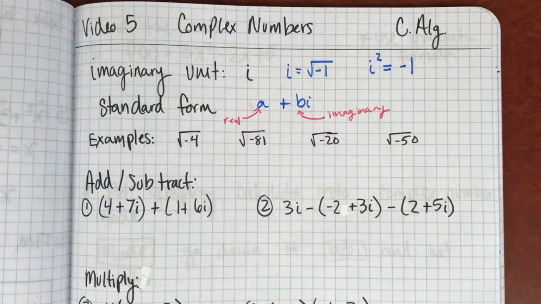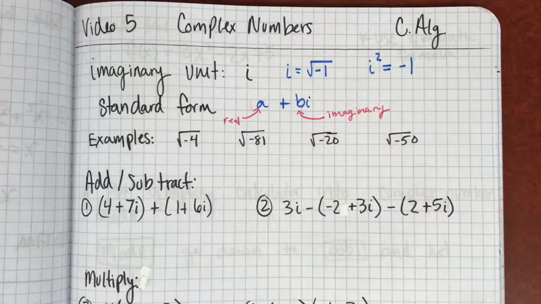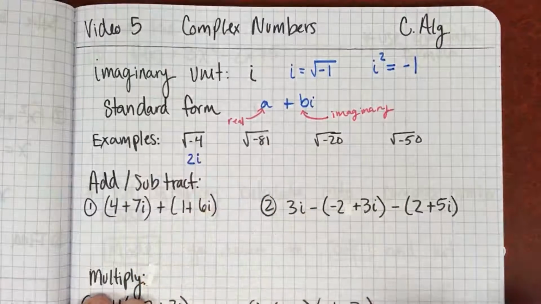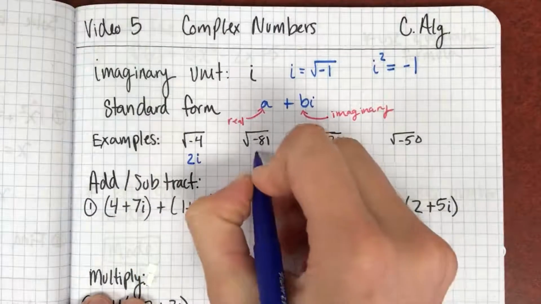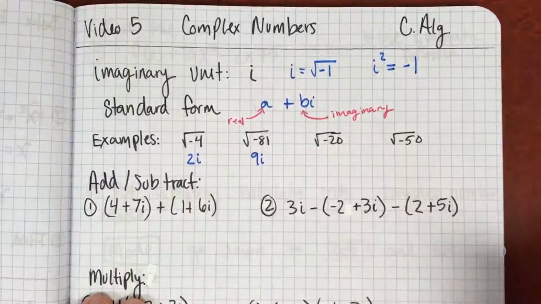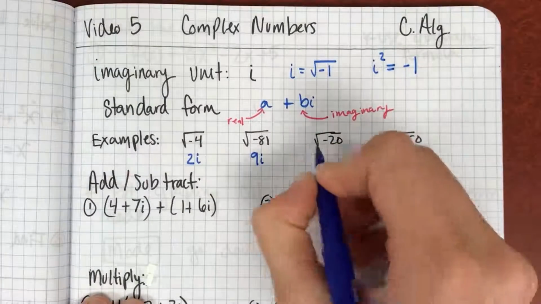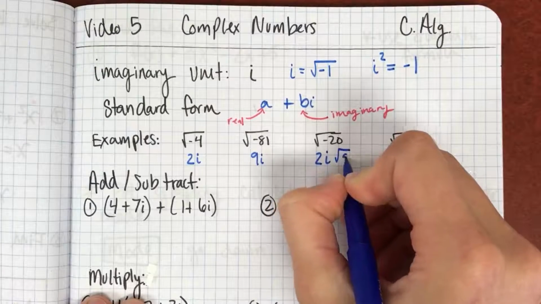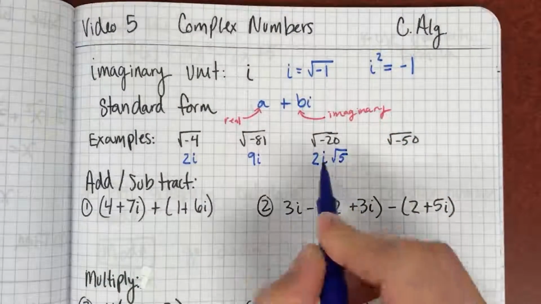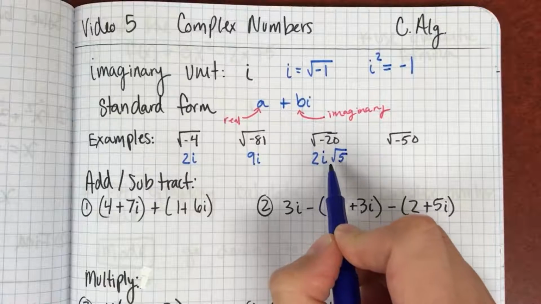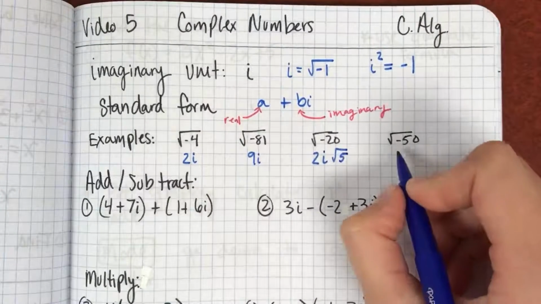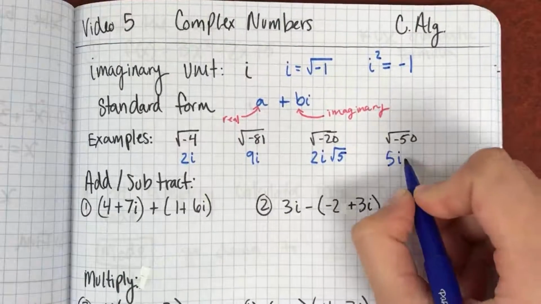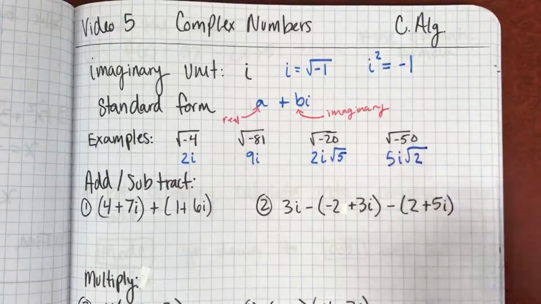So for example, the square root of -4 would be 2i. Square root of -81, 9i. This would be 2i square root of 5. The i goes in front of a radical sign. A square root of -50 would be 5i square root of 2.